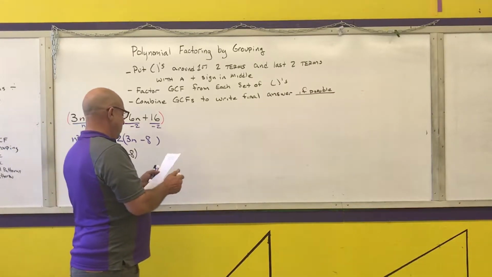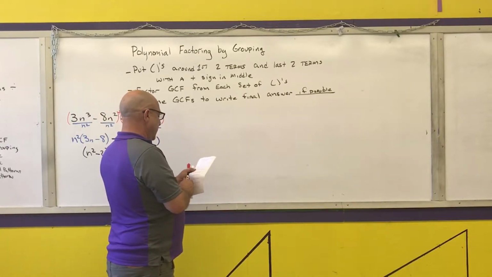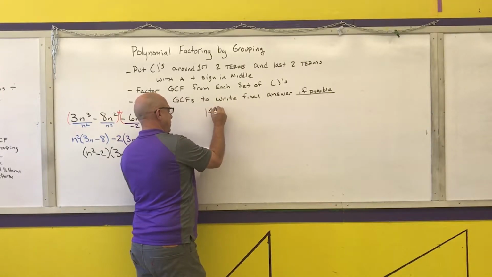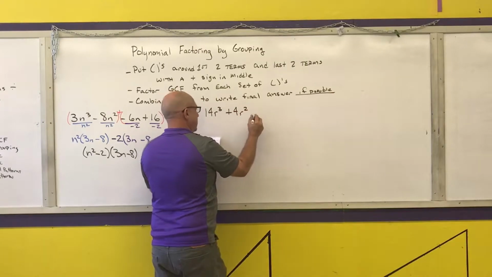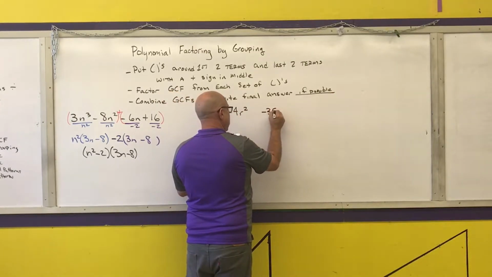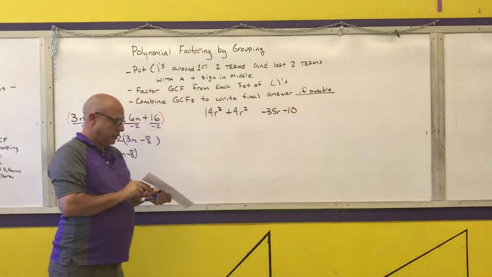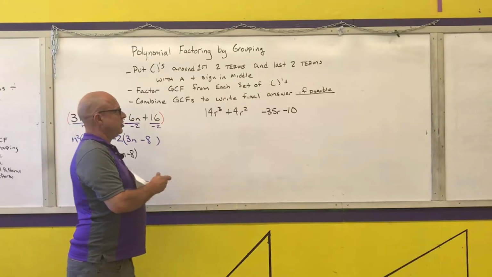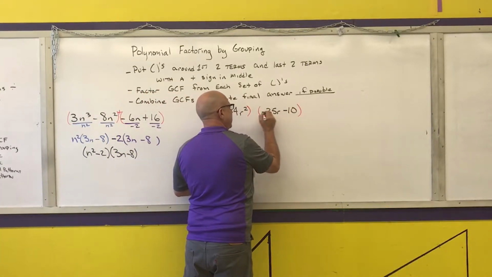Let's do 14r cubed plus 4r squared minus 35r minus 10. Step 1, parentheses around the first 2 terms, parentheses around the last 2 terms, plus sign in the middle.